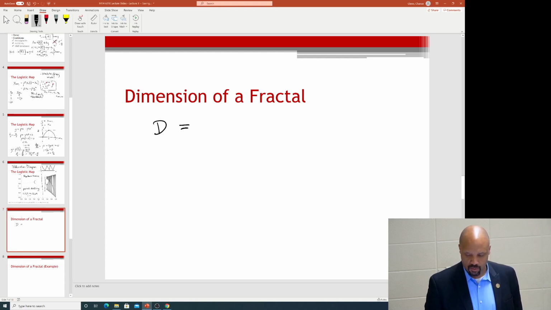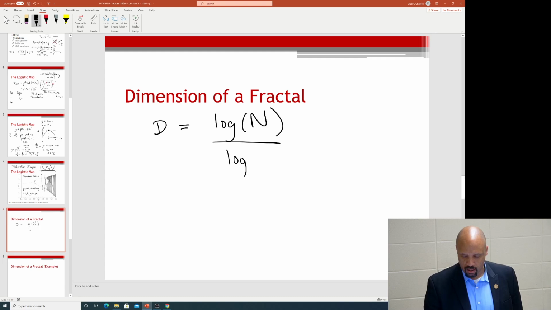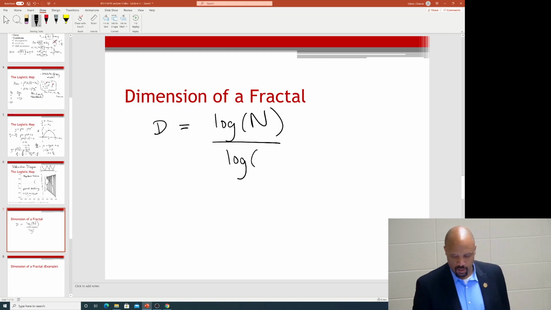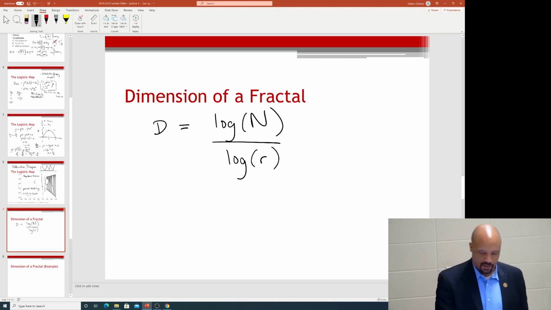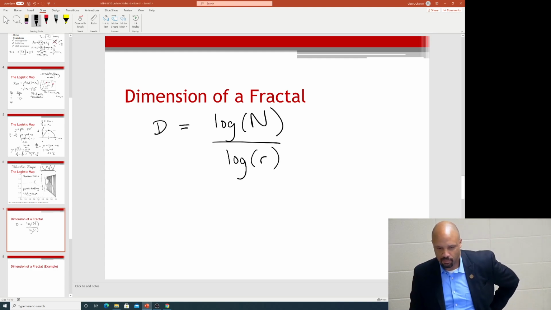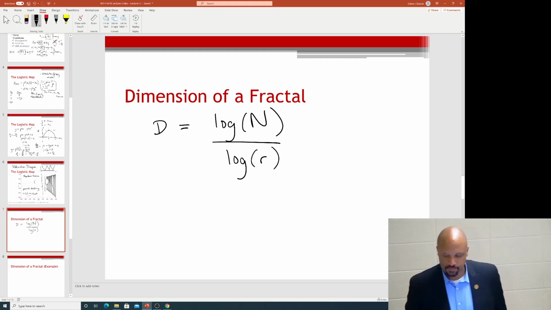D equals the log of n over the log of R. I'll use R, but it is not the same R as what we were talking about before.